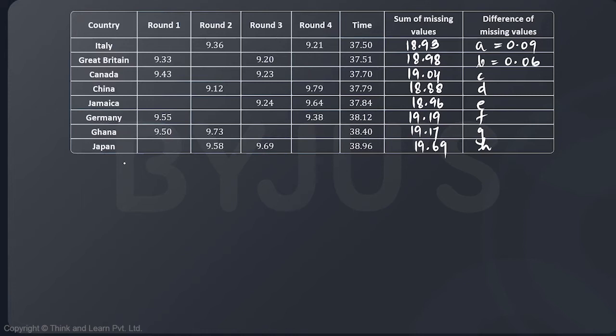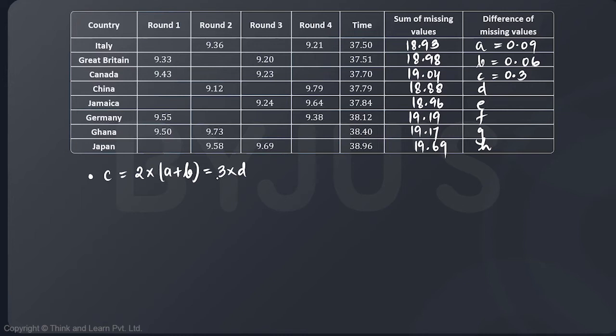We also had some equations, right? We got that C is 2 times A plus B, which was also equal to 3 into D. So using this, we can figure out the value of C. So A plus B is going to be 0.15. Twice of that is going to be 0.3. So this is 0.3.